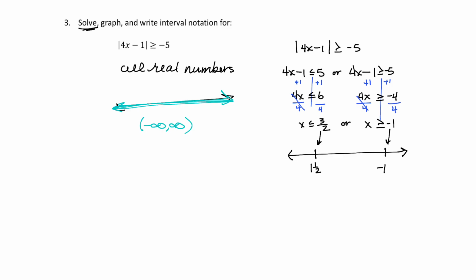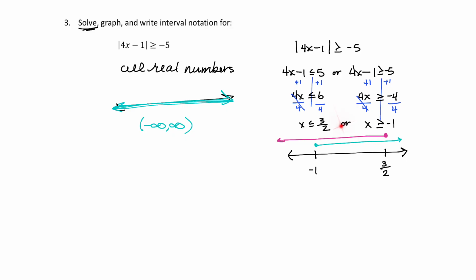Okay, so let's say instead of that, you put them where they belong. So this one would be closed and less than. This one would be closed and greater than.